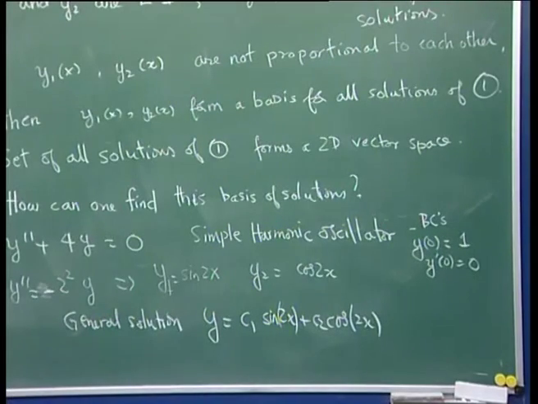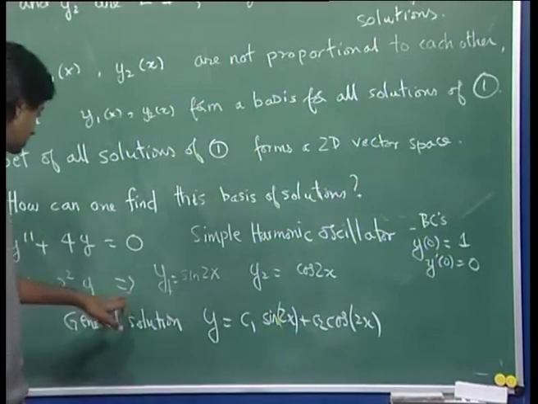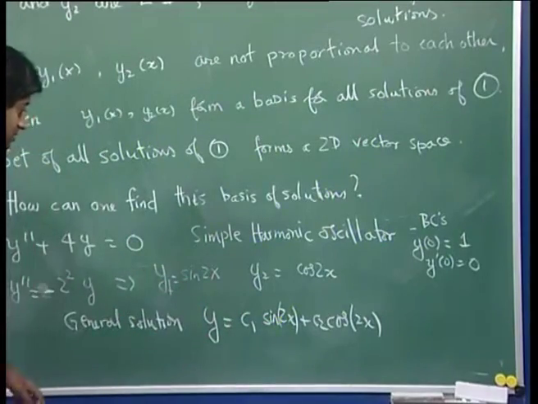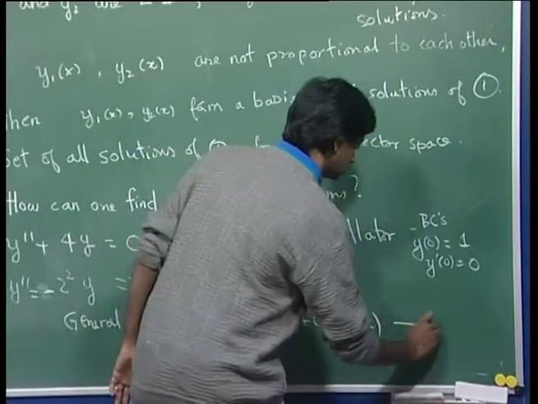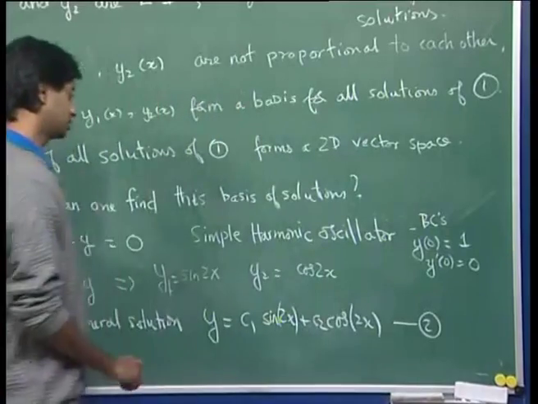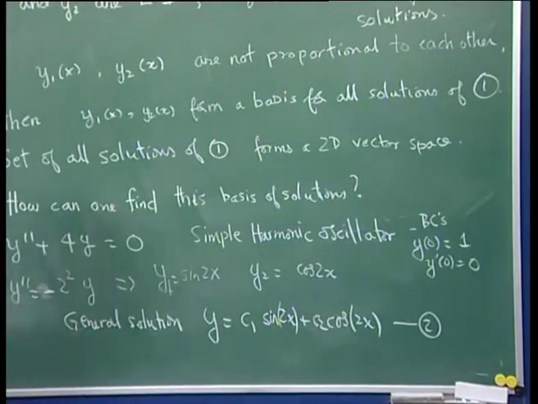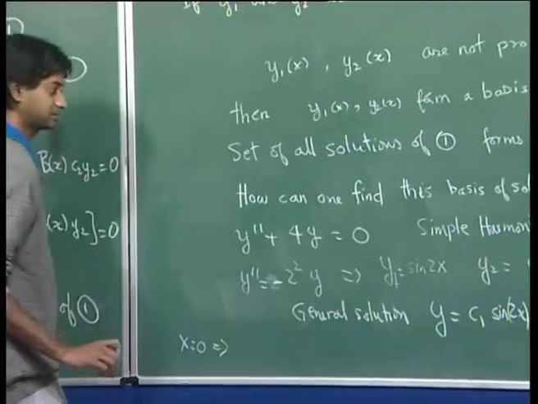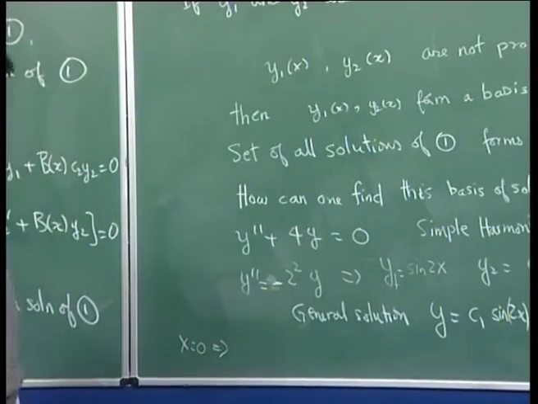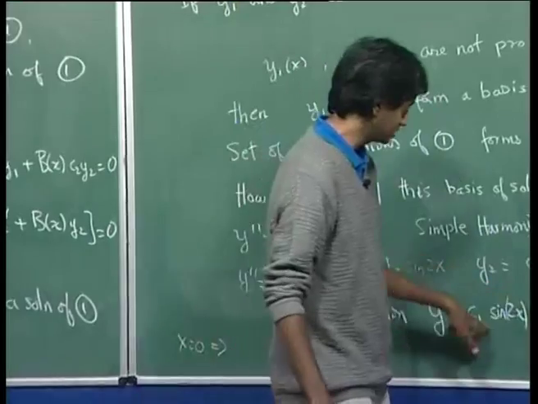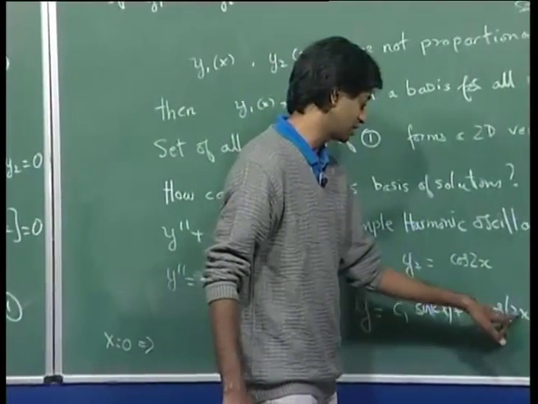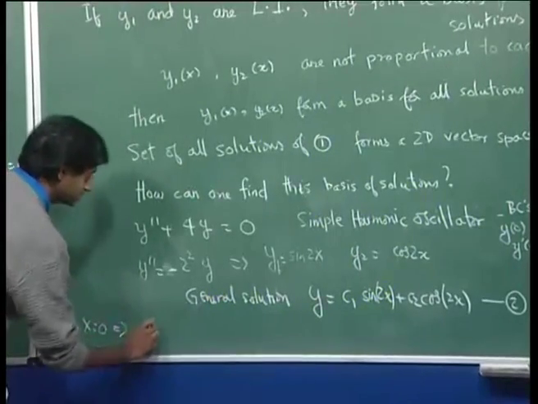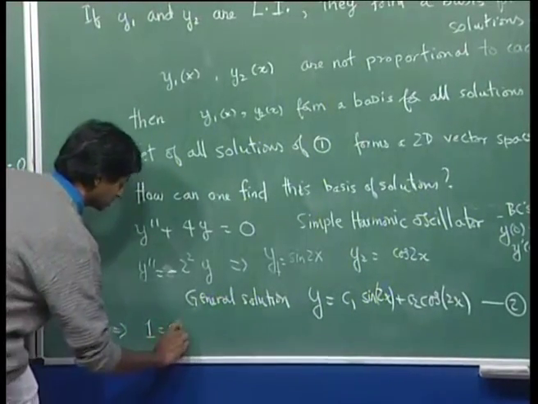Then, if I put x equal to 0 in equation 2, the sin 2x term will go away. You will have cos 2x is 1, cos of 2 into 0 is 1. So you will have C2 equal to 1.